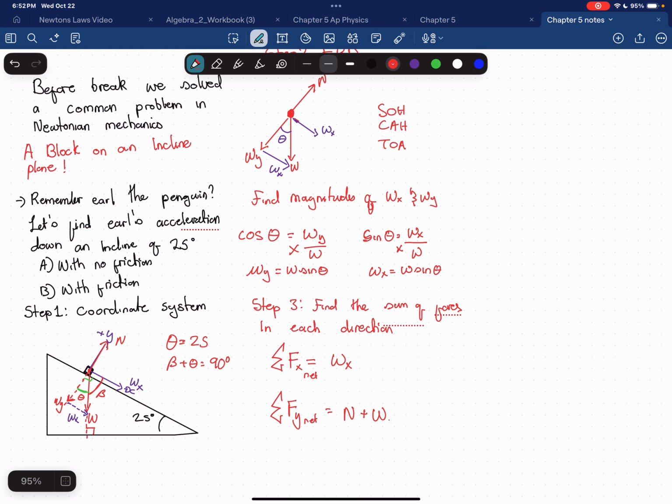y component of the weight force. All right. So now here I just plugged in. I'm just giving the sum, but these have directions. So the y component of the weight force does not point in the same direction as the y component of the normal force.